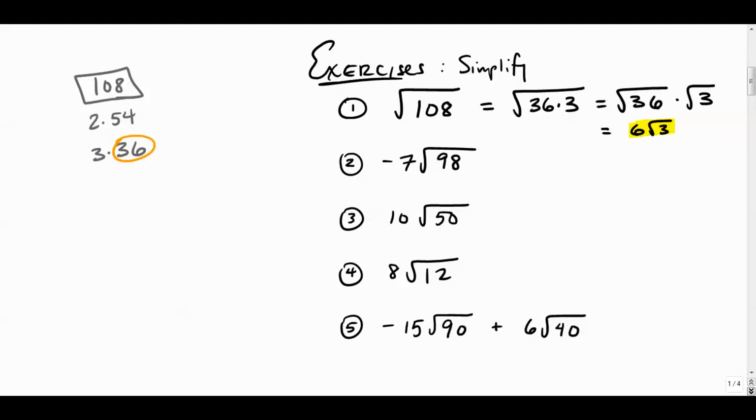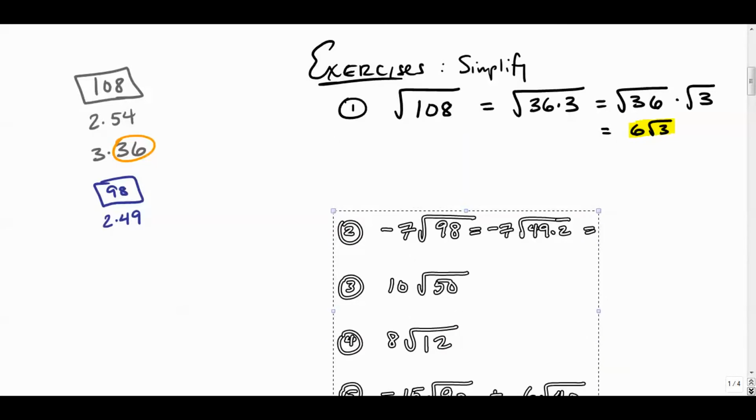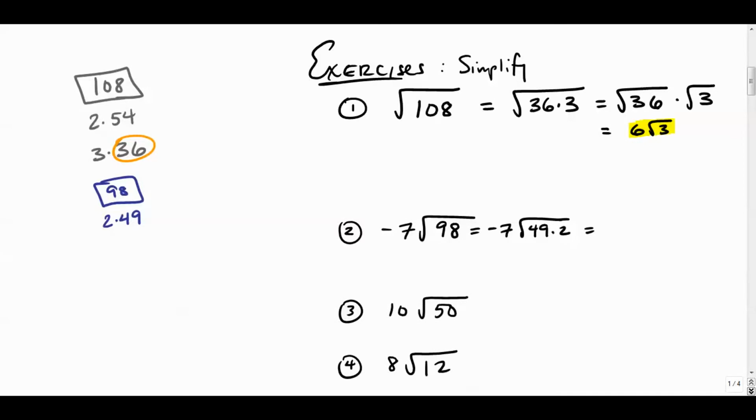All right, let's try this one. We have 98 as a radicand, so I'm going to bring that over here. 98 is, let's see, 1 times 98, 2 times 49. That's good. 49 is a nice big perfect square. So I'm going to write -7 times the square root of 49 times 2.